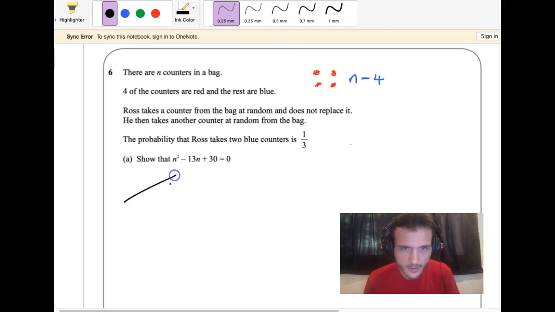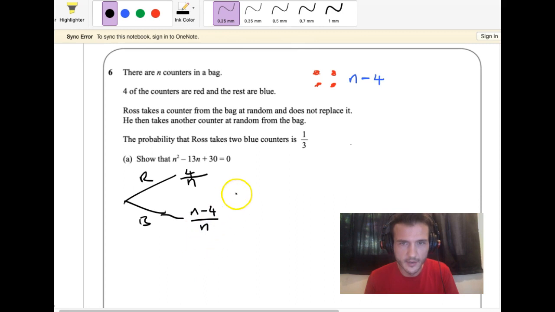We have red and blue. The probability to pick a red is going to be 4 over n. The probability we pick a blue is n minus 4 blues over n in total.